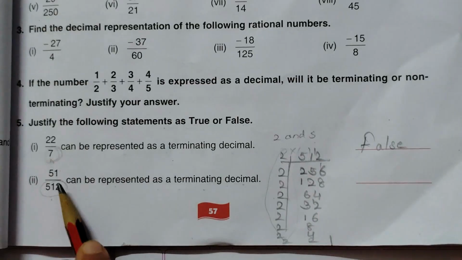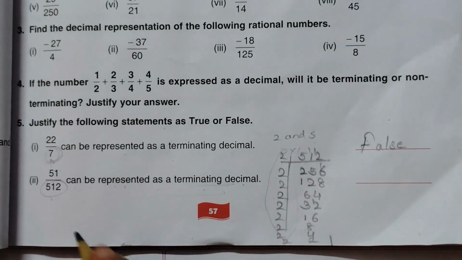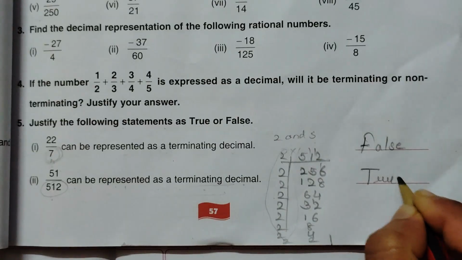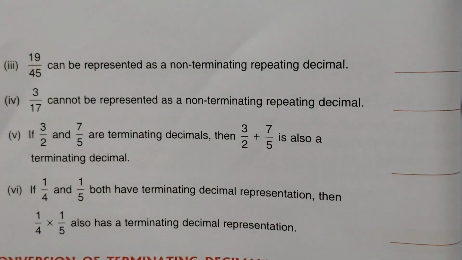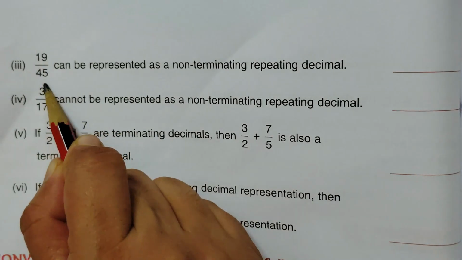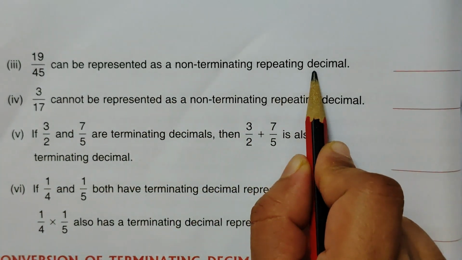So it is a terminating decimal. It is written that 51 upon 512 can be represented, so yes, it is a terminating decimal, and the answer is true. Okay, next question: 19 upon 45 can be represented as a non-terminating repeating decimal.